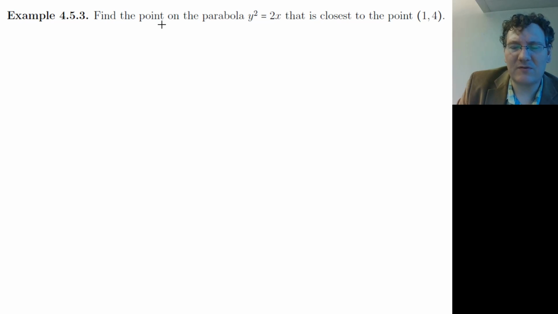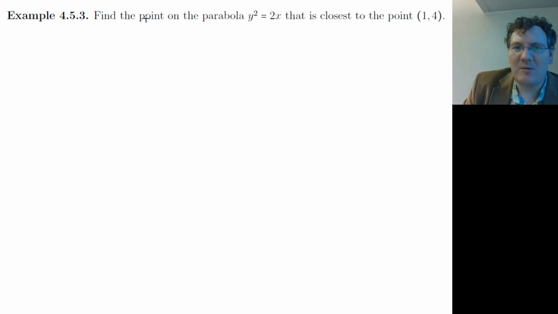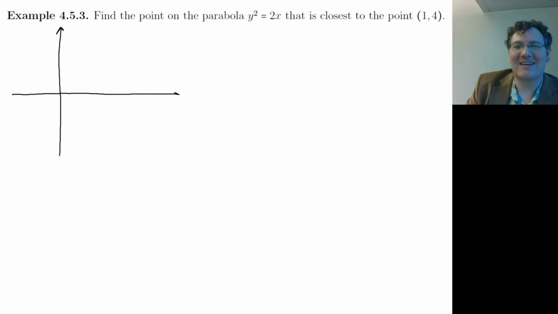Okay, let's look at trying to minimize this distance. We want to find a point on the parabola y squared equals 2x that's closest to the point 1, 4. So the parabola is going to look roughly like this. If we were to graph this out, it's going to be kind of a squatted down parabola.